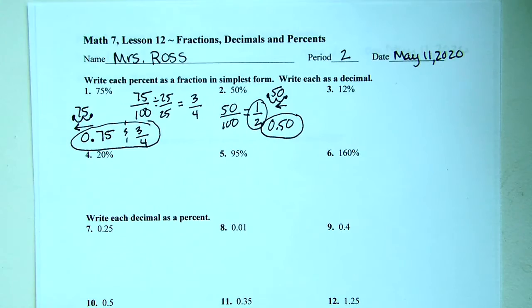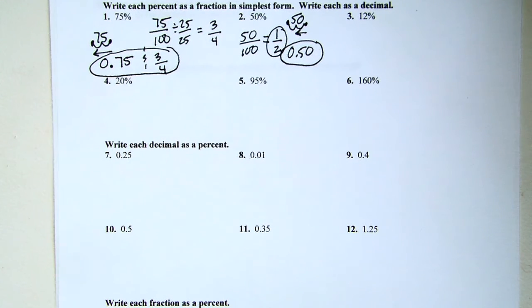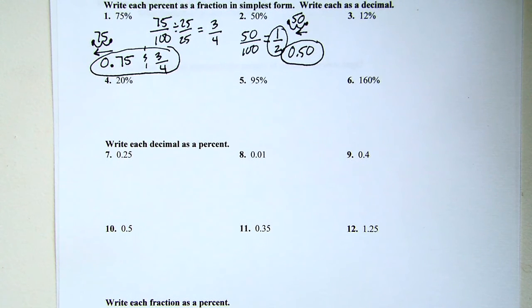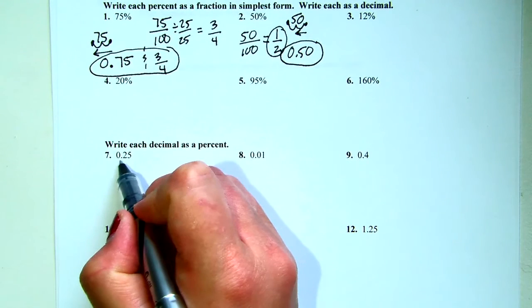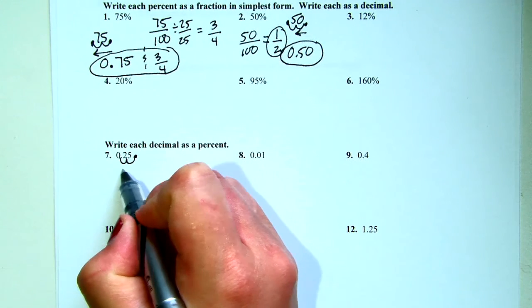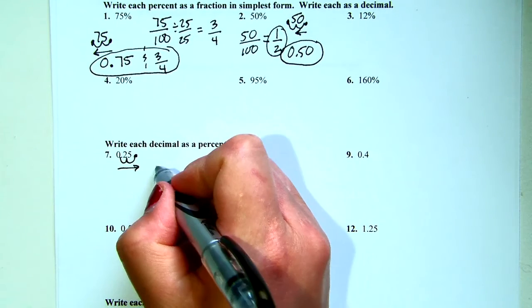All right. Moving on, number 7, it says write each decimal as a percent. Now these ones are going to be a little bit more difficult, but once again, our clue here is we're turning each decimal into a percent, so we're going to move our decimal 2 places to the right. So here, for 0.25, I'm going to move my decimal 2 places to the right, which means it's after my number now, so this is just going to give me 25%.